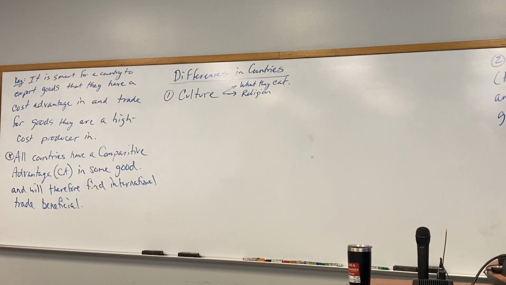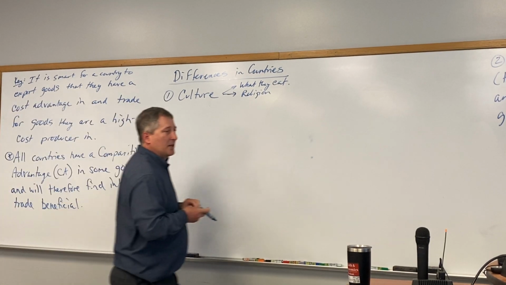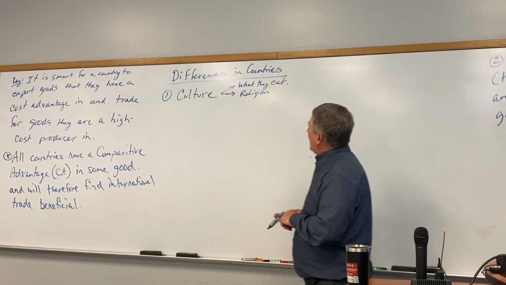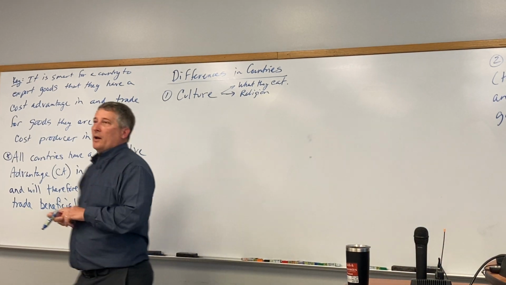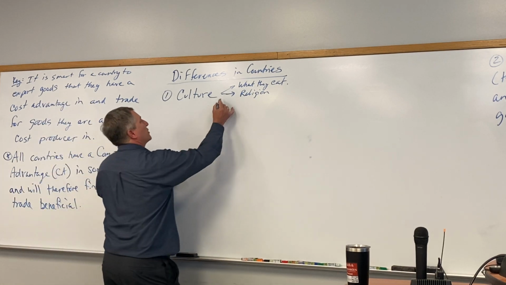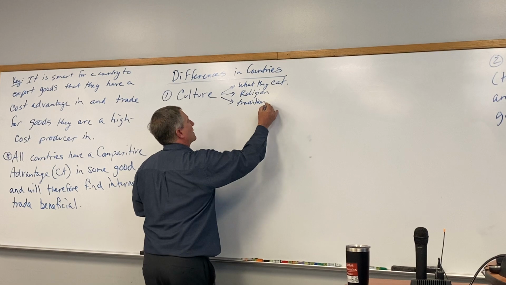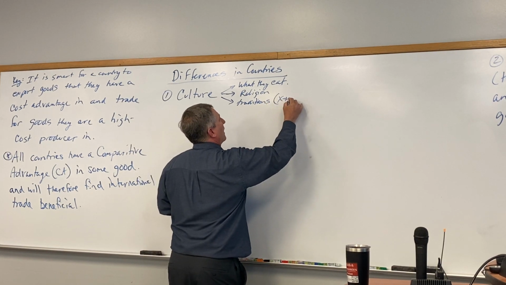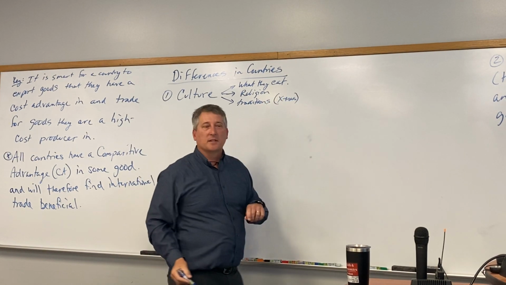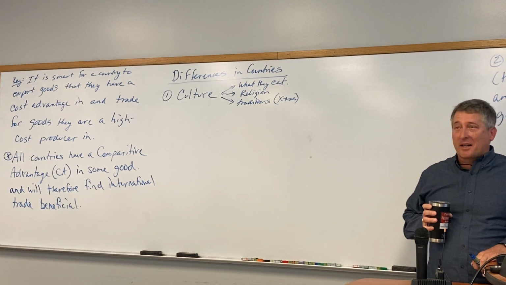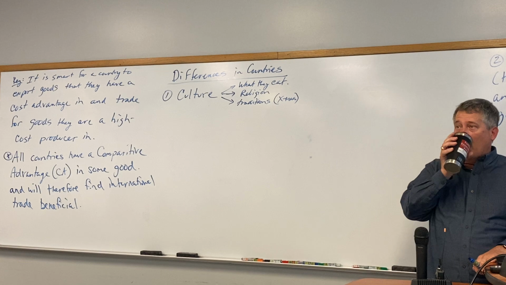So whether they eat meat or not, if you go to India, Hindus are vegetarians. So what they eat, religion, customs and traditions. What does Christmas look like in different countries around the world? Does it look the same as it does in the United States? Well, we might not be able to export Santa Claus quite as well to certain countries, right?